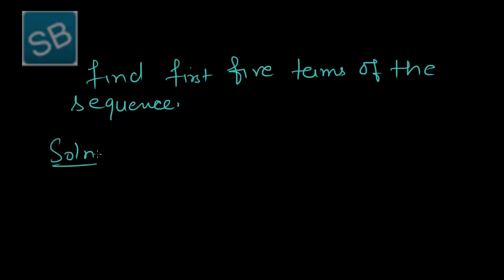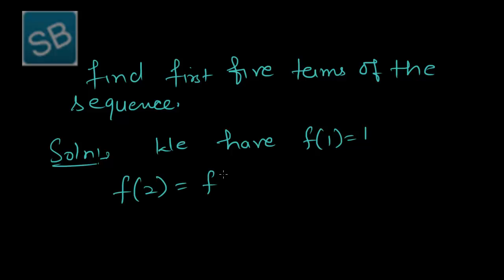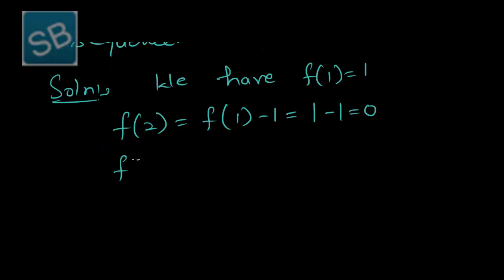Now the solution is, we have f of 1 is equal to 1 and f of 2 is equal to f of 1 minus 1, that is 1 minus 1. So f of 1 is 1, 1 minus 1 is 0. Now f of 3 is f of 2 minus 1. F of 2 is 0, minus 1 is equal to minus 1.